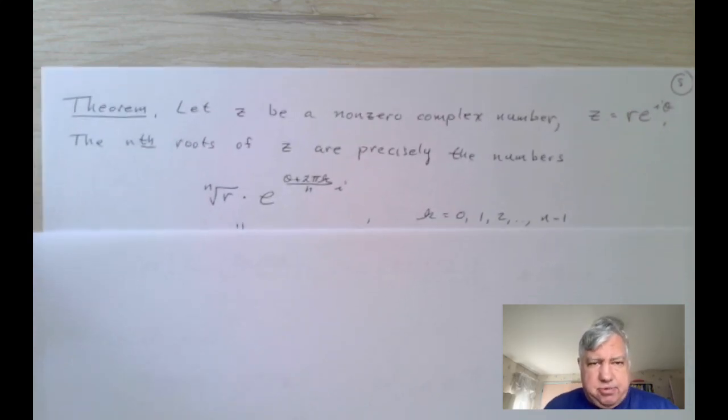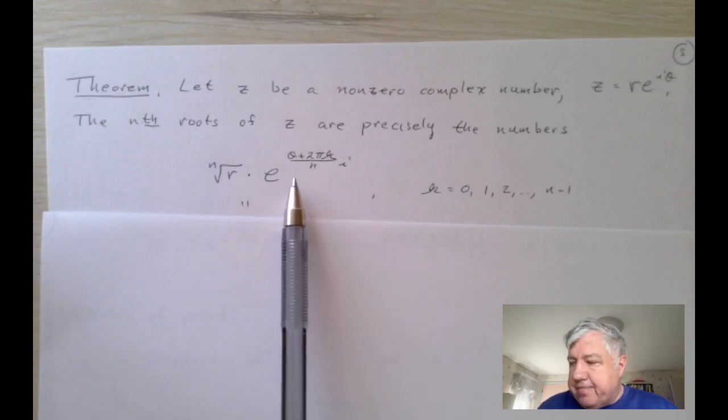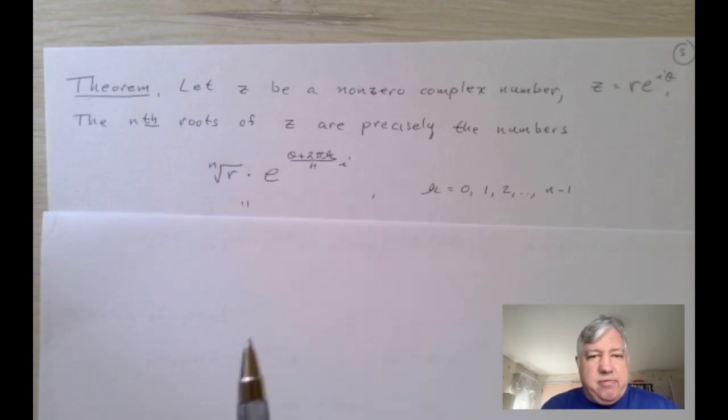Then the nth roots of z are precisely the numbers where the modulus is the nth root of r, and the argument is theta plus 2 pi k divided by n, where k is any integer between 0 and n minus 1. So there are n possible values of k, and we get n different roots.